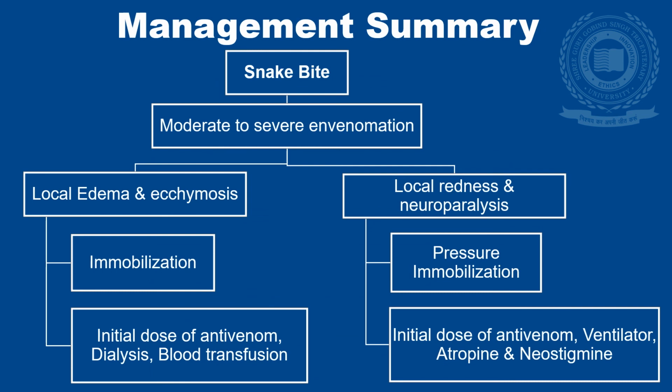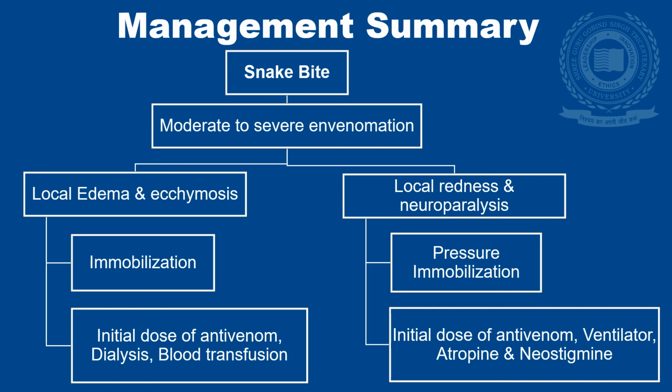Then the second scenario may be snake bite with moderate to severe envenomation. The right side of this flow chart shows the management of bite by cobra, krait, neuroparalysis, and the left side of this flow chart shows the management of bite by viper, which has more local necrosis and bleeding.